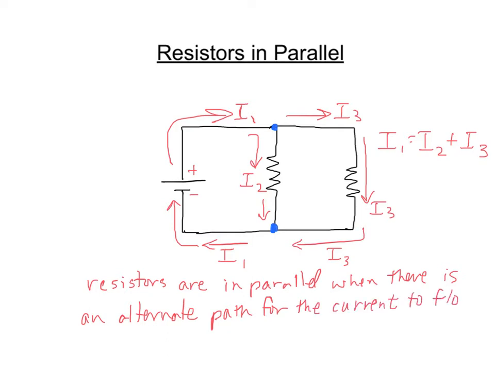And the word parallel, you can look at the diagram and see those two branches are drawn parallel vertically. I think that's where that name comes from. It just makes it easier to look at when they're drawn parallel, but it doesn't mean they're actually configured that way in the wires in your house.